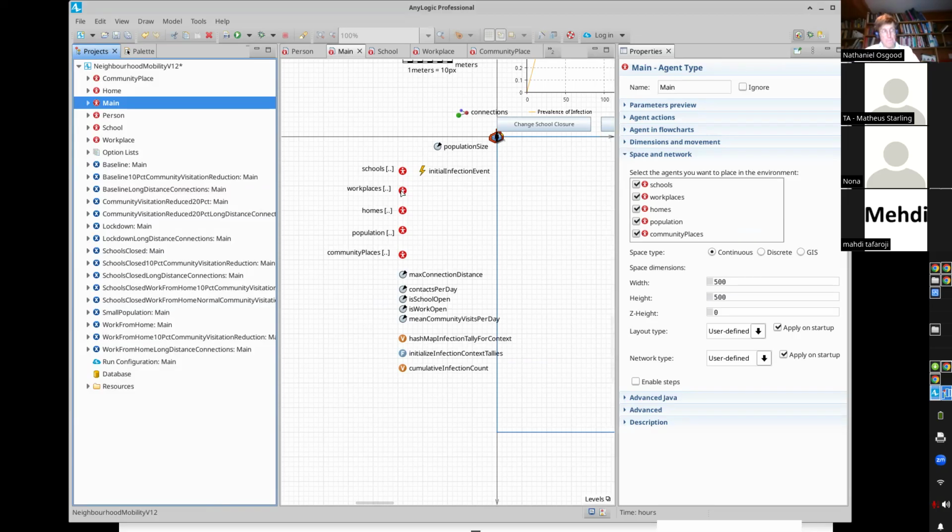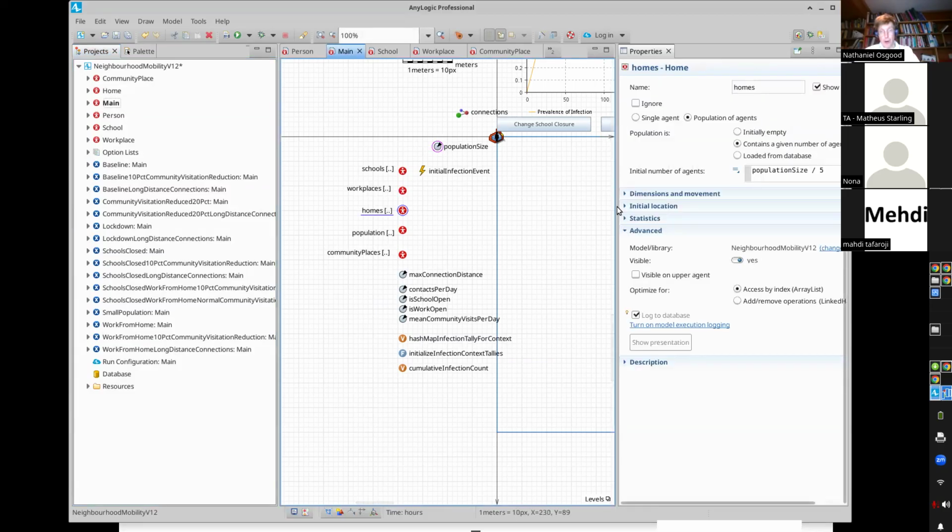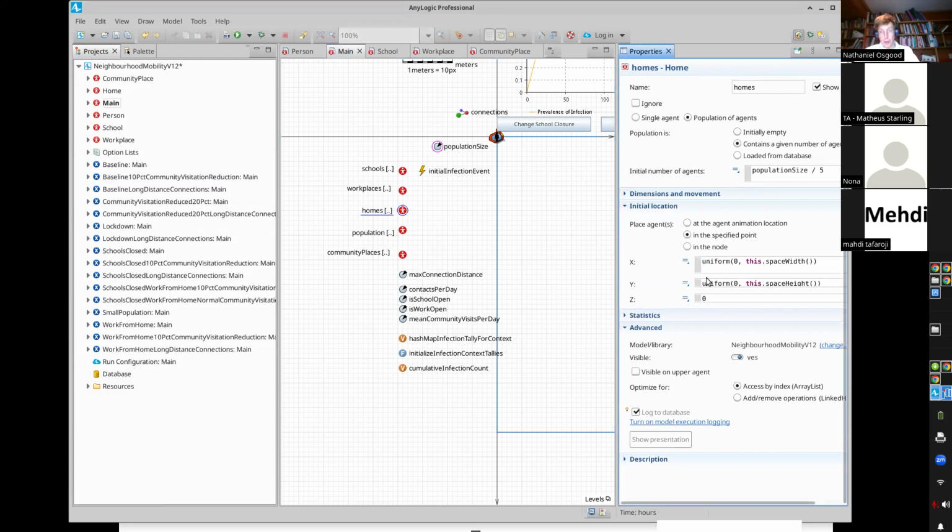So, I will just note, for example, homes are at an initial location here that is uniformly chosen, and people start at their homes, so they're in this location.